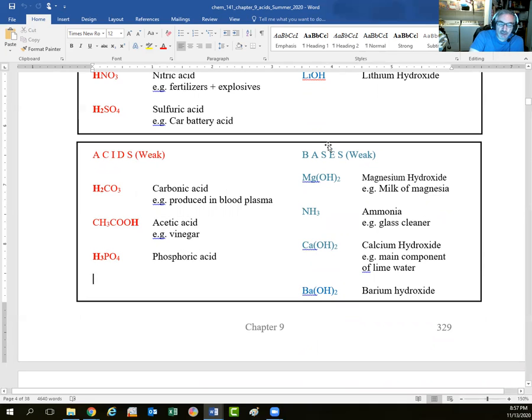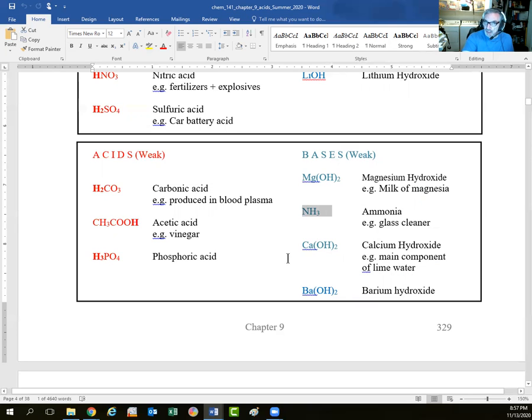For bases, the commonly seen weak bases tend to be hydroxide with a group 2 metal, the earth metals. So magnesium hydroxide, calcium hydroxide, and barium hydroxide. And into that mix, we'll just add ammonia, NH3, which is commonly seen in window glass cleaners.